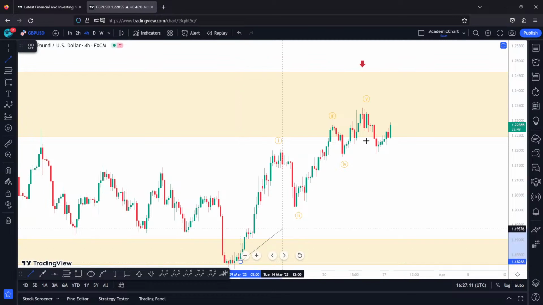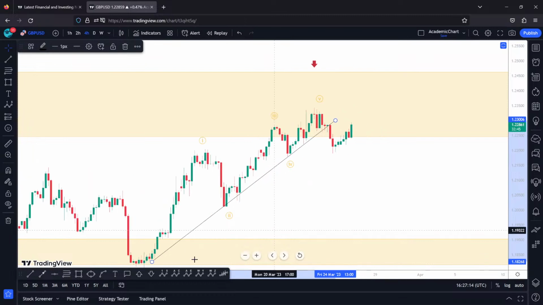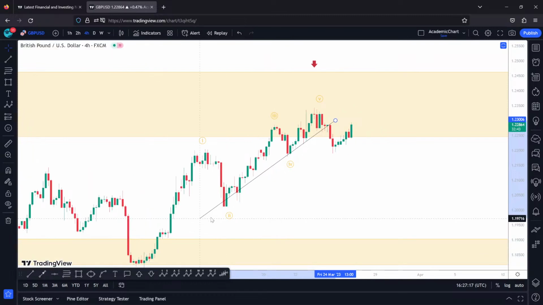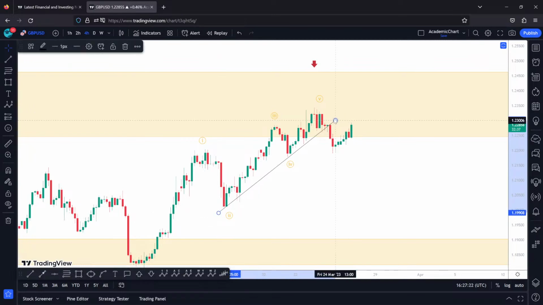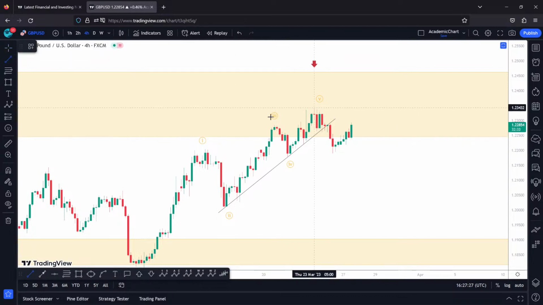That's another indication. I can try to draw a trend line, not just from the beginning, but maybe something like this, and maybe another one to the top.